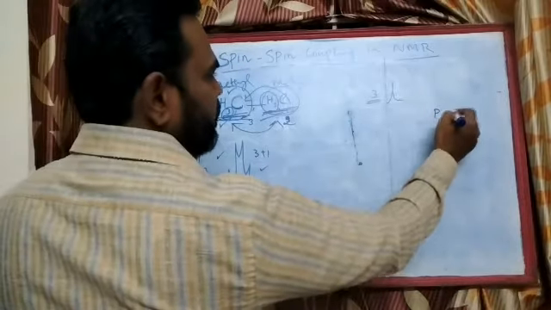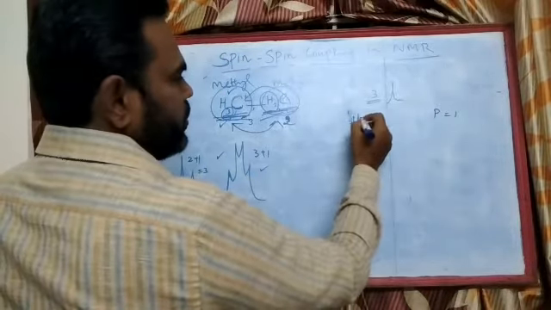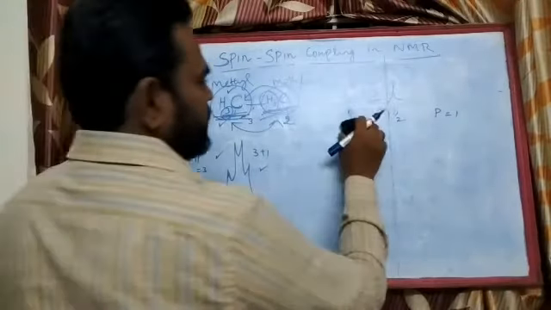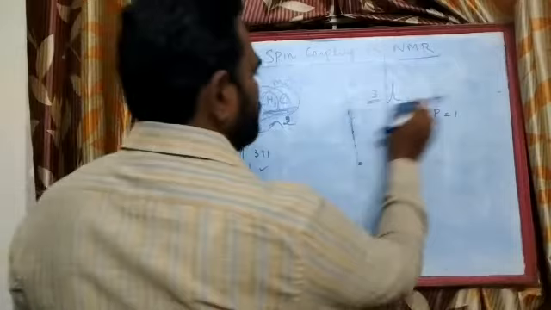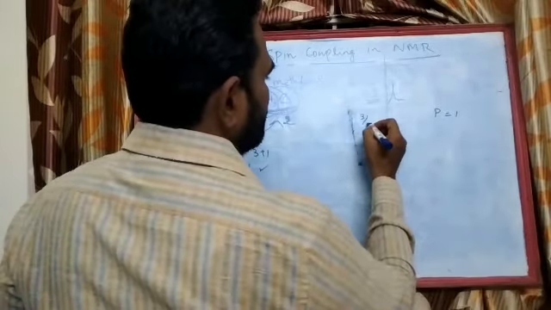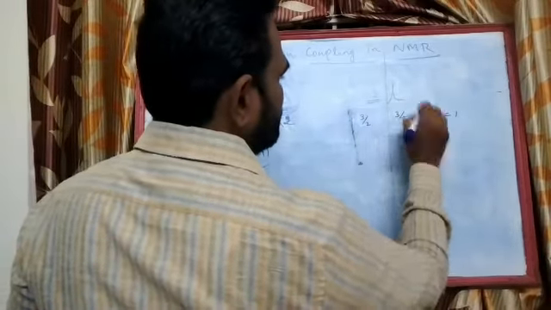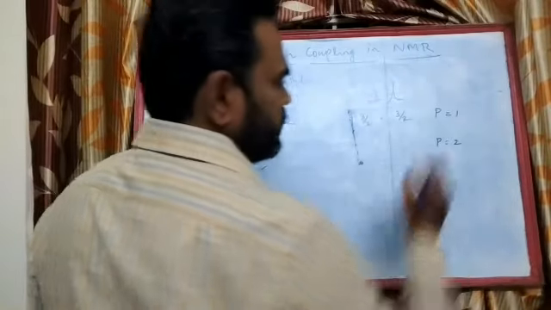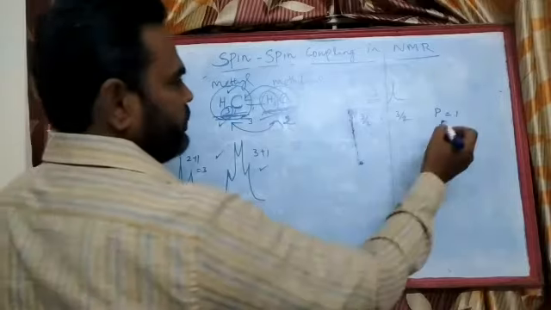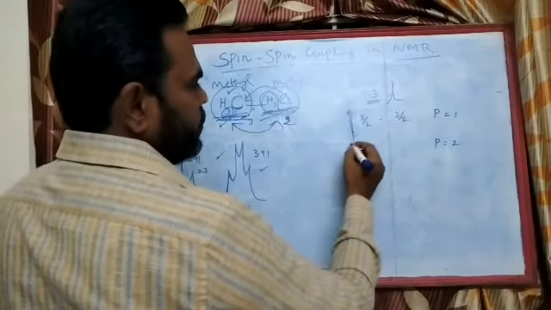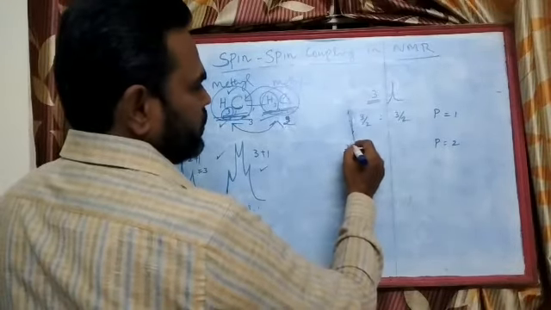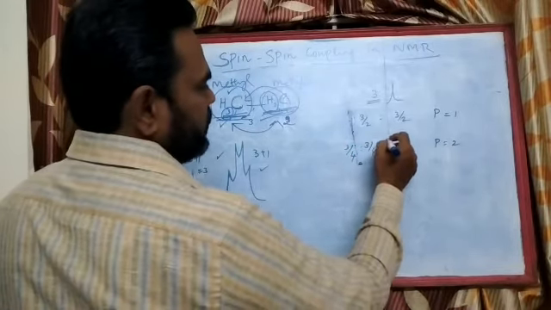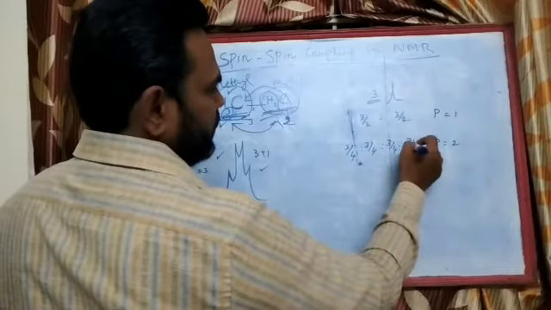When the neighboring proton is 1, this will be split into 1.5:1.5, or you can say 3/2, 3/2. And by the influence of the next proton, this 3/2 will be split into 3/4, 3/4, 3/4.